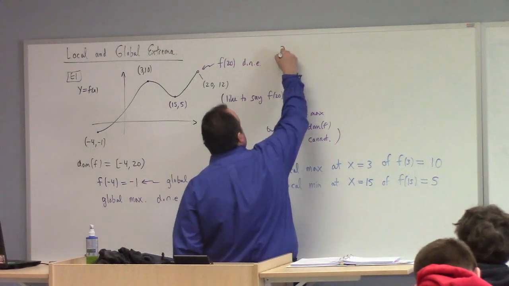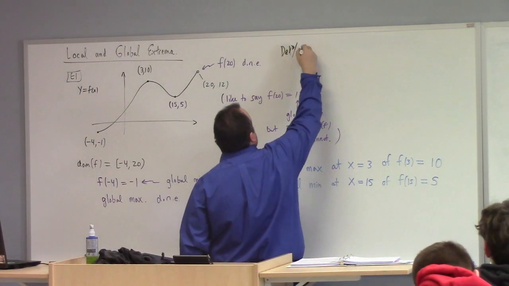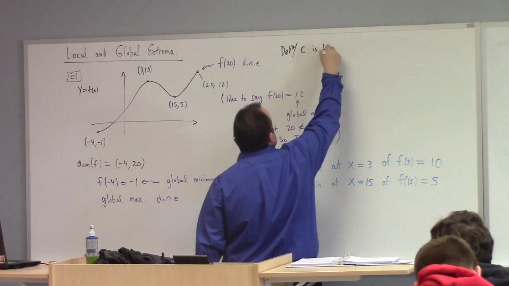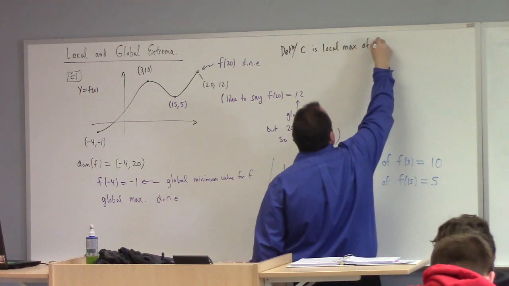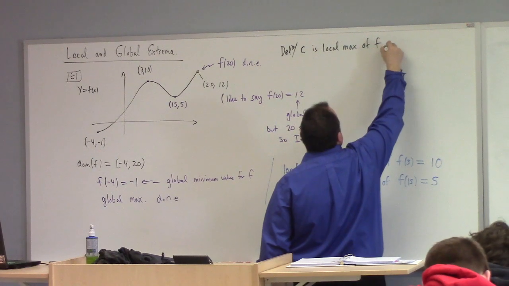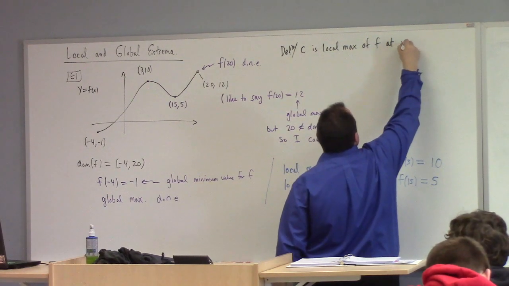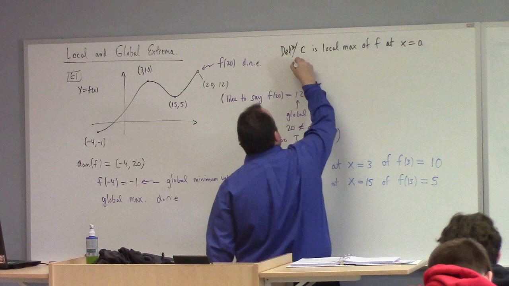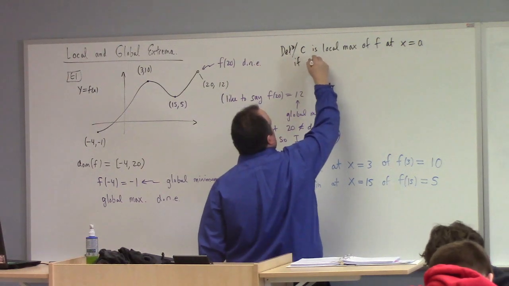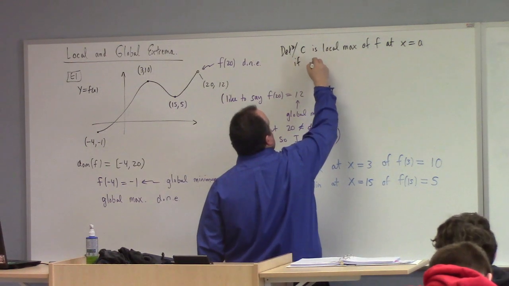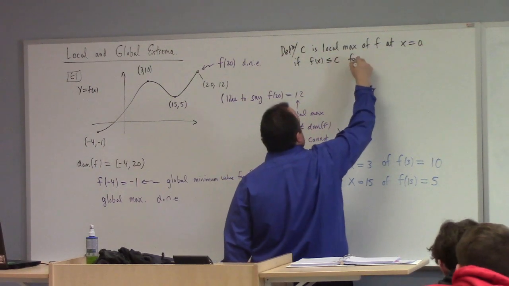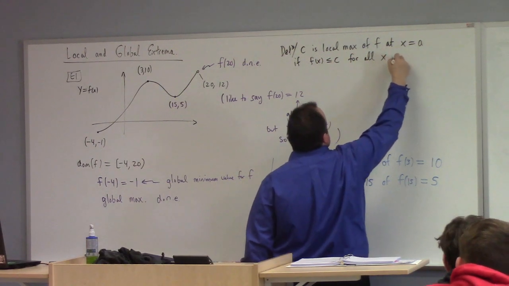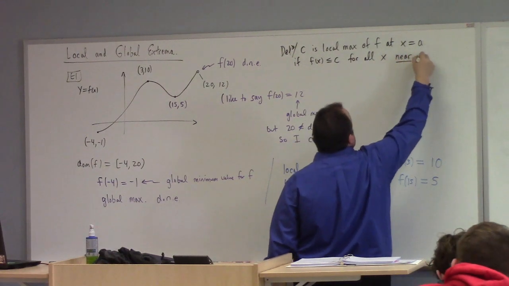So, definition: C is a local max of f at, let's say, x equals a if f of x is less than or equal to C for all x near x equals a.